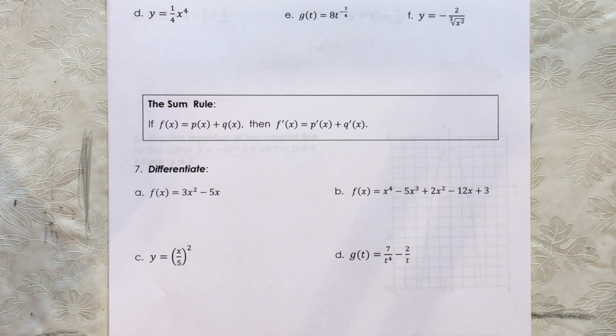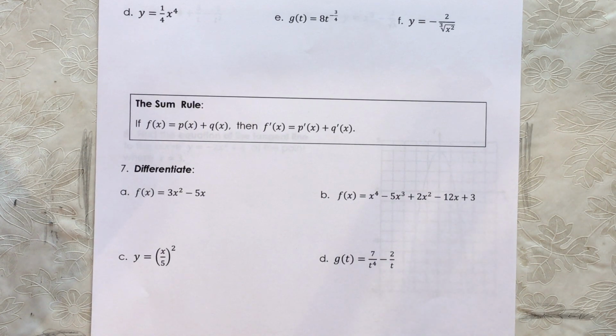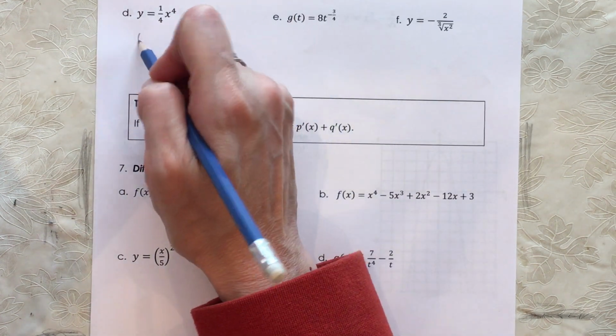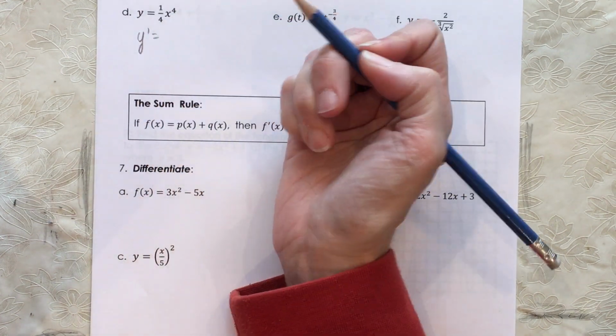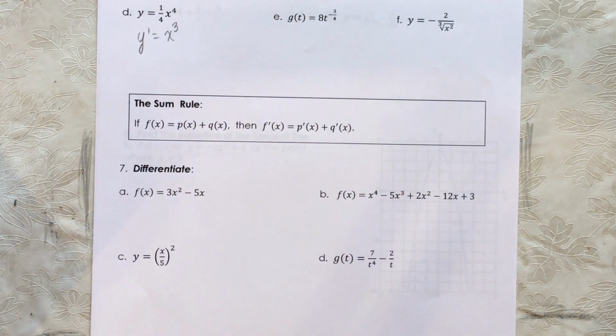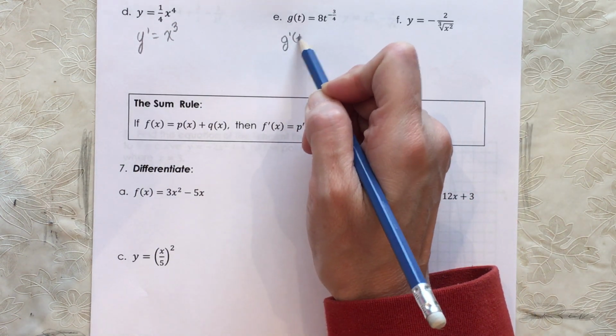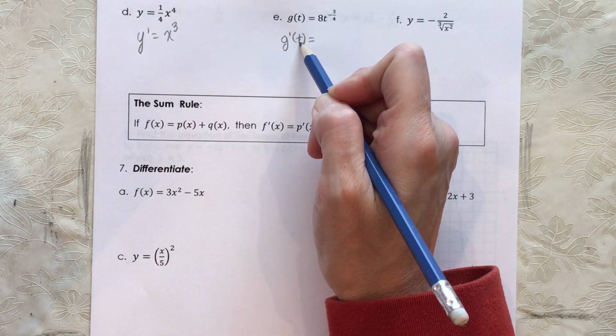All right, D, y equals 1/4 x to the 4th is in the right format, so we're good. y prime is going to be 4 times 1/4, which is 1, x to the 4 minus 1, so y prime is just going to be x cubed. g prime at t, so again, we don't always have to use x, we can use different variables.